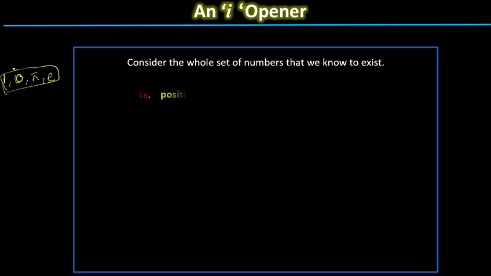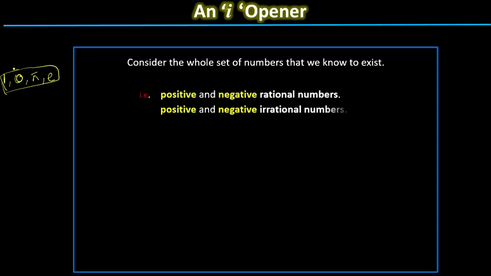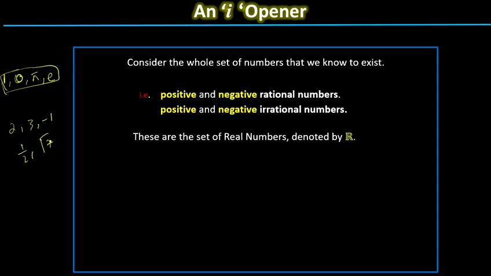Now students, we know that all the numbers till this stage are real numbers, and real numbers are rational numbers or irrational numbers. Any number, whether you write 2 or 3, -1, half, √7, all the numbers come under the category of real numbers, with further division into rational or irrational numbers.